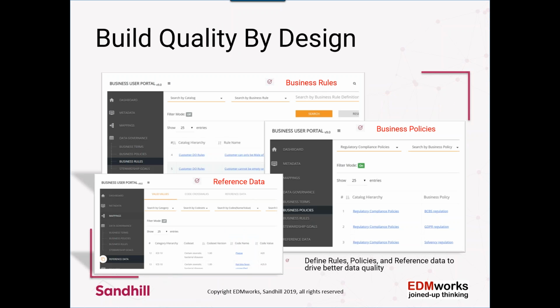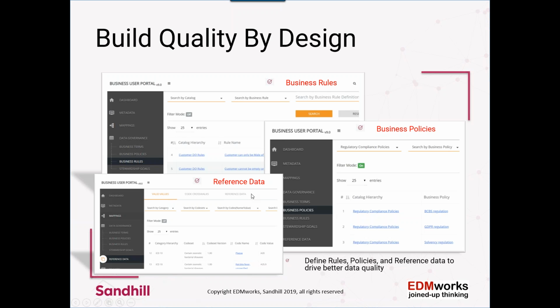Now, in the previous slide, I also showed you that we're talking about having good quality data, and one of the principles that you can follow for having good quality data is to make sure that you build quality in by design. And what we mean by that is that as we're defining the business terms, the metadata that we want, we can associate with the technical metadata things like the reference data.